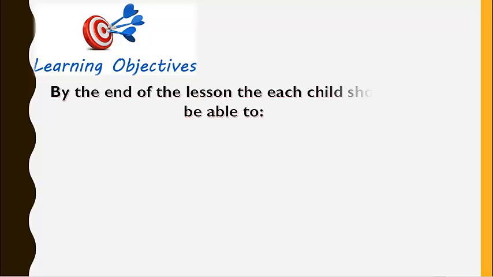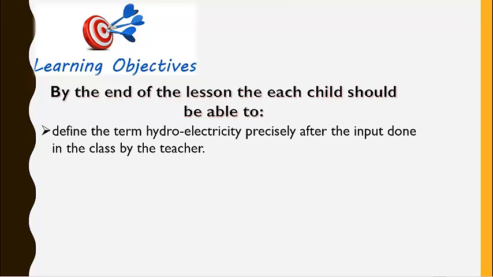Okay guys, let's look at the learning objectives. So these are the objectives that I wanted to acquire during my teaching. By the end of the lesson, each child should be able to define the term hydroelectricity precisely after input done in the classroom by the teacher.